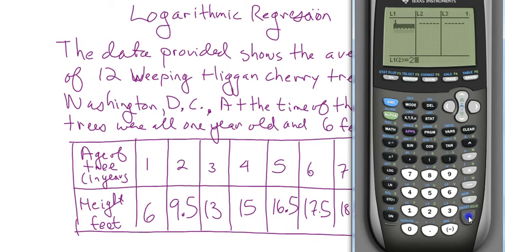And then we'll go over here and we will enter our height in feet. Okay, and then we'll see what we're dealing with. So we've got 6, 9.5, and be careful as you enter numbers that they're right, or double check them.